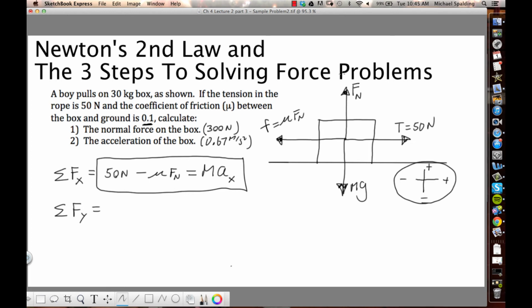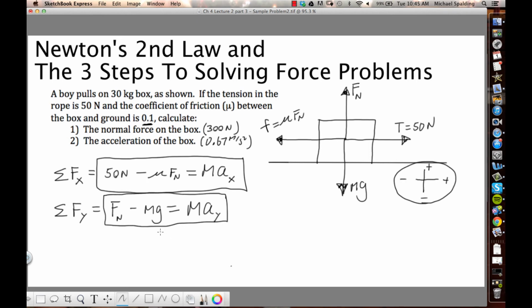Okay, in the y direction, we have normal force and mg. Normal force is plus, mg is minus. So when you sum it, you're going to go normal force minus mg equals what? ma, where that's a y acceleration.